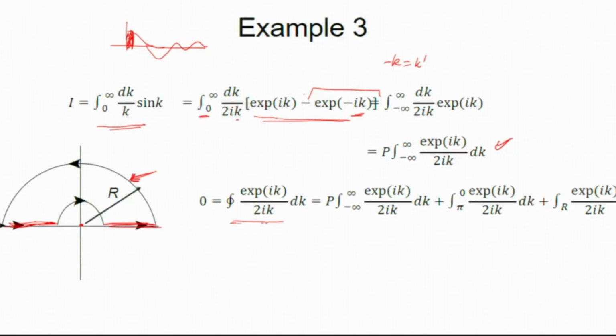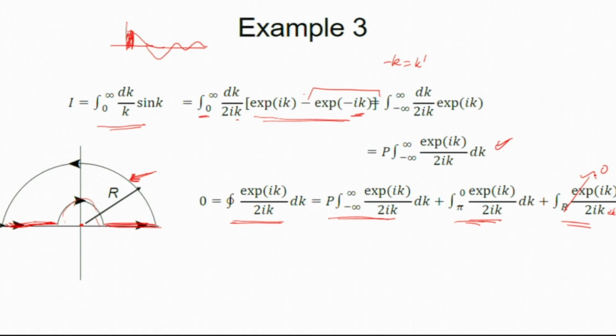This integral has 4 parts, 2 of them make the principal value. Then we have the small semicircle and the large semicircle. The dk is missing here at that corner. Now, the large one I said is 0.